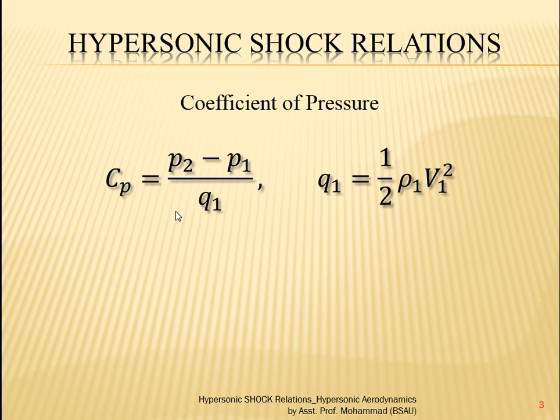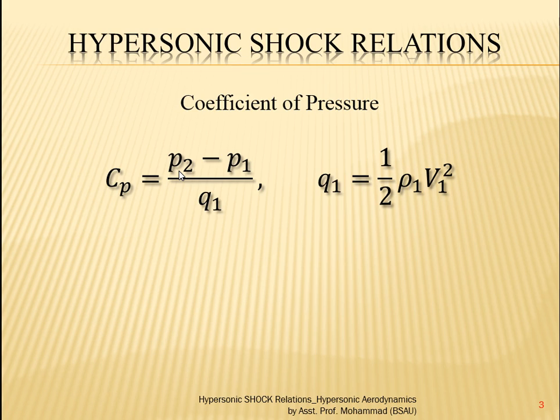So this is CP in all situations. This definition is free from any situation, and this Q1 and P1 are basically the reference situation. So Q1 is the dynamic pressure at the first location, and P1 the static pressure at the first location, and P2 is basically the static pressure at the second location.